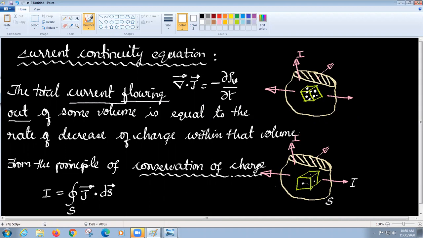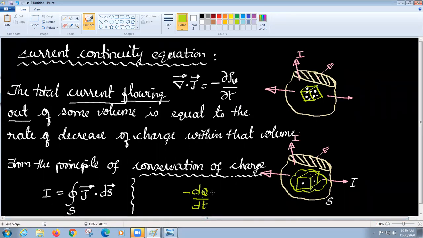If the charge inside the closed surface is denoted by some Q, then charge is decreasing with time, so let me take minus dq by dt.